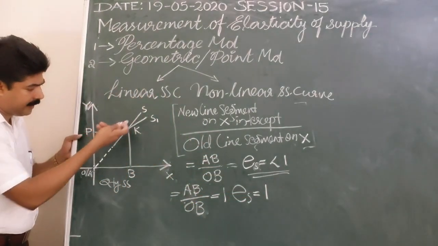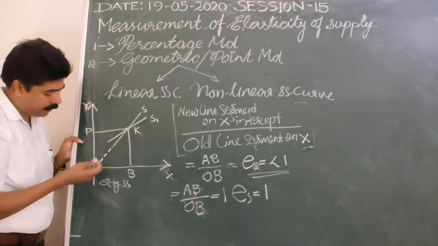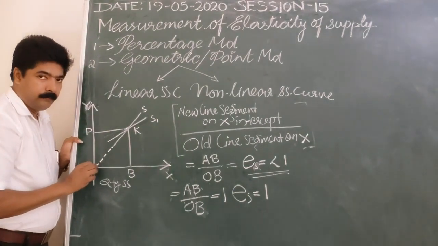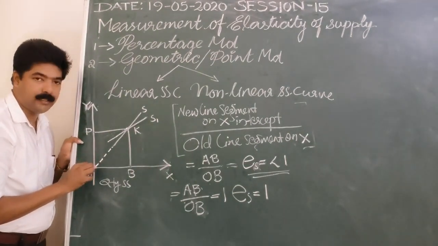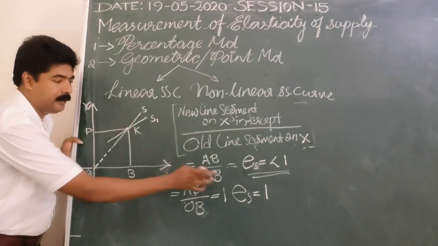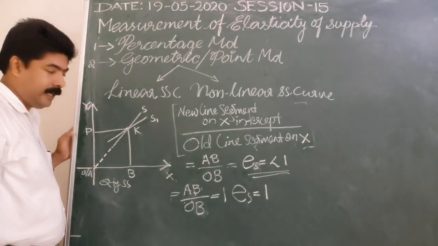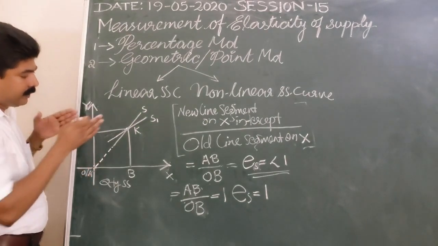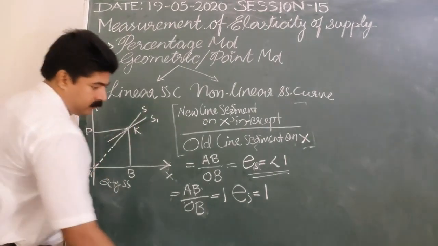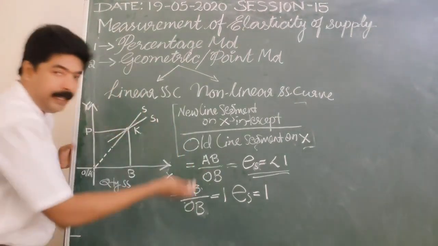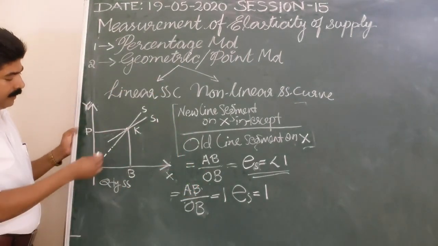Any linear supply curve passing through the origin, the slope does not matter. The slope never changes the value, which is equal to 1. I have taught you. Okay, so therefore we have extended it and we got a value. Clear? Now what is next? In a similar way we need to make the next line. Make an extension.